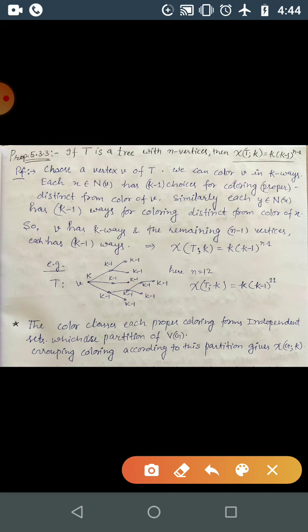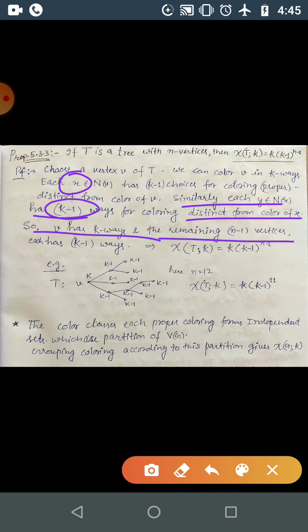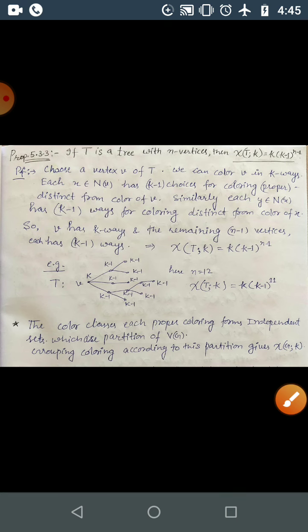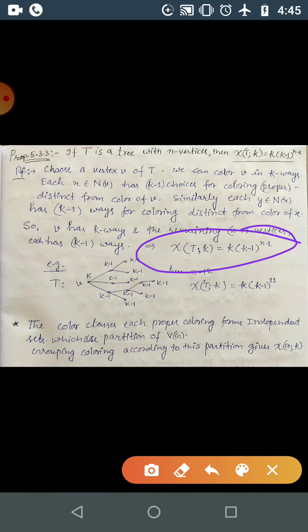Similarly, each neighbor y of x, which was the neighbor of V, that was x, also has k minus 1 choices, distinct from the color of x. So similarly, one vertex has k ways and the remaining n minus 1 vertices have k minus 1 ways, correct? So the chromatic polynomial will be k into k minus 1 raised to power n minus 1, correct?